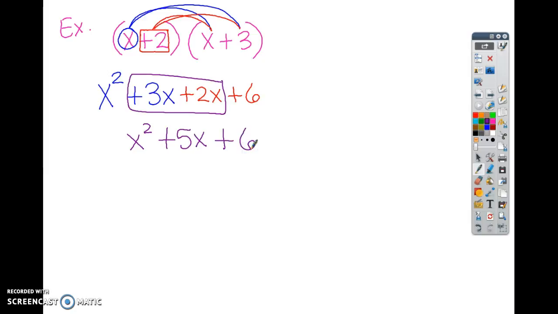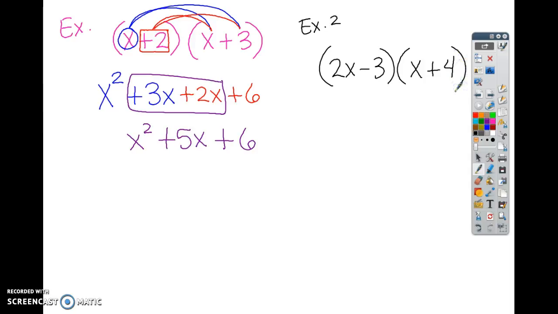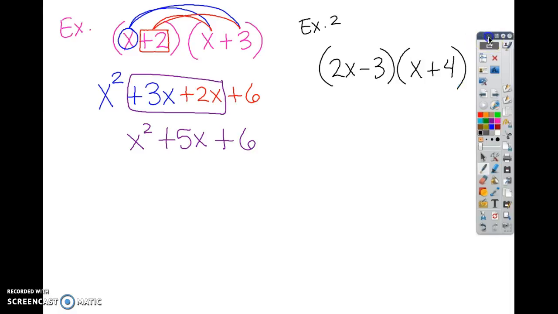Okay, let's do one more example of double distribution. Example 2. 2x minus 3 times x plus 4. Okay, double distribution. What am I going to distribute first?